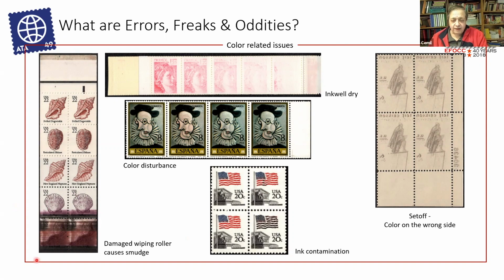If you look here, during the production of the stamp, during the printing, there is a wiping roller that removes the excess ink from the platen, and that somehow was damaged, so that excess ink was left in a random way.